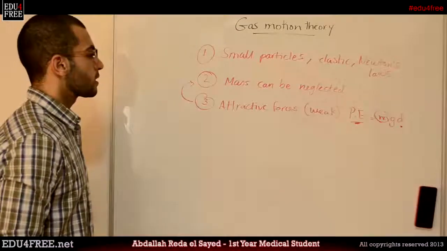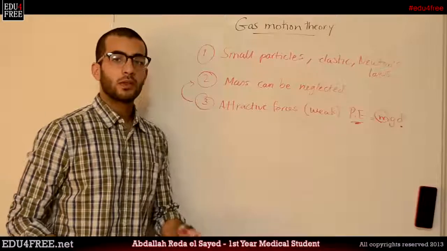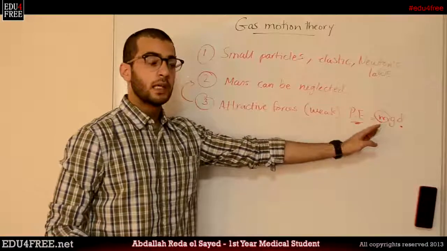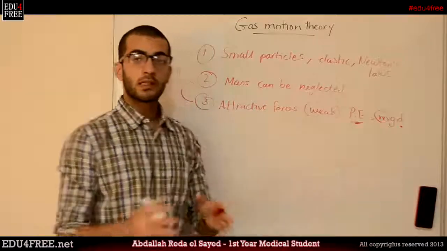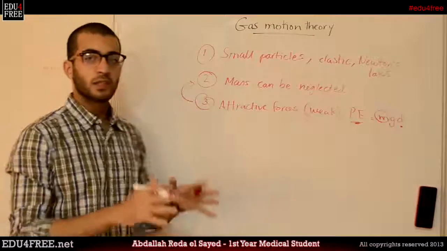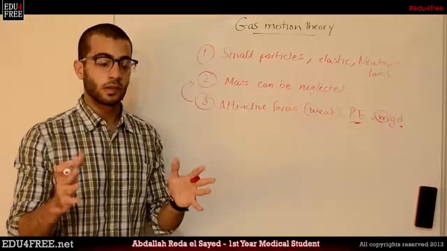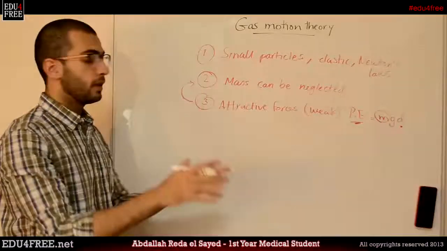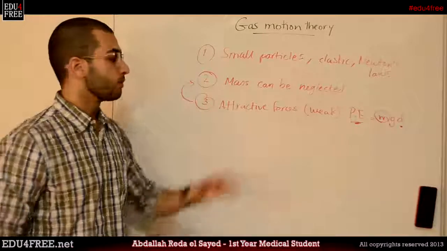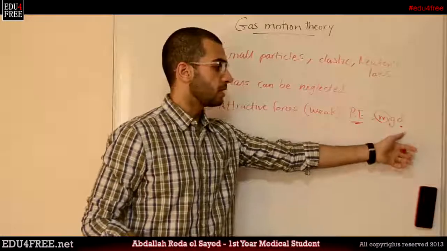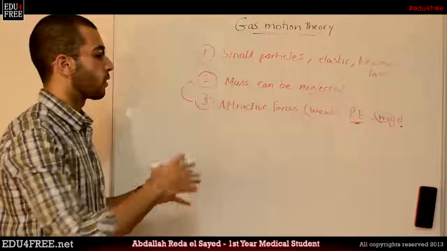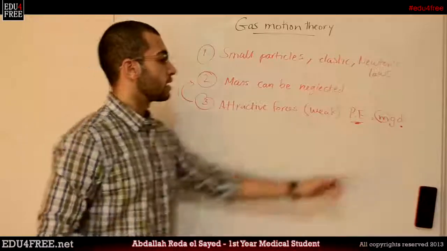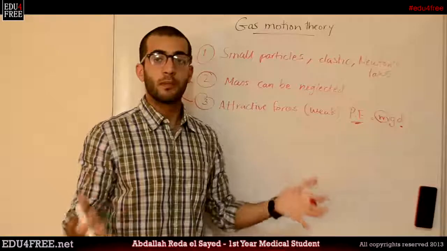So the point is, for each gas there is a certain molecular mass, but if this mass can be neglected, this means that the mean distances between any type of gas that's found in the same container will be the same. So if we calculate the total number of molecules by calculating the mean distance and then dividing the number of particles and the mean distances, we will get the final same number.